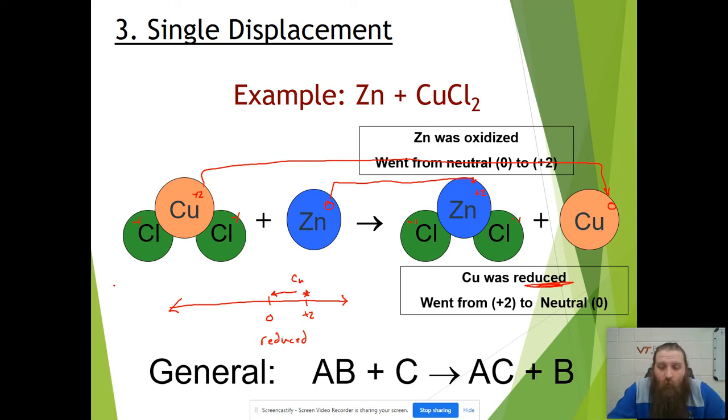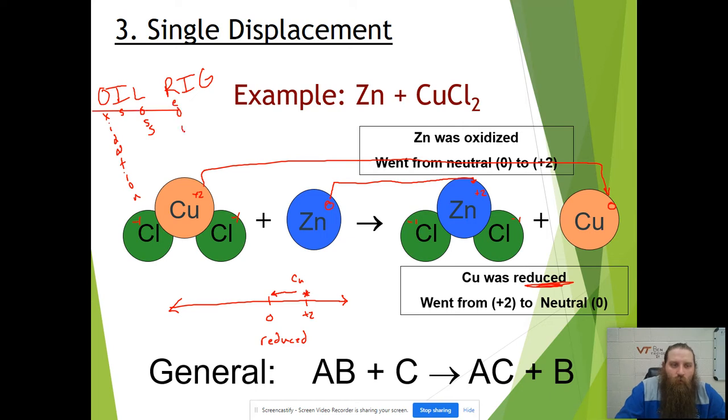So when we talk about oxidation reduction later on, we'll see this again. We'll learn this right here, OIL RIG. So oxidation is loss, reduction is gain. I'm talking about gain of electrons.